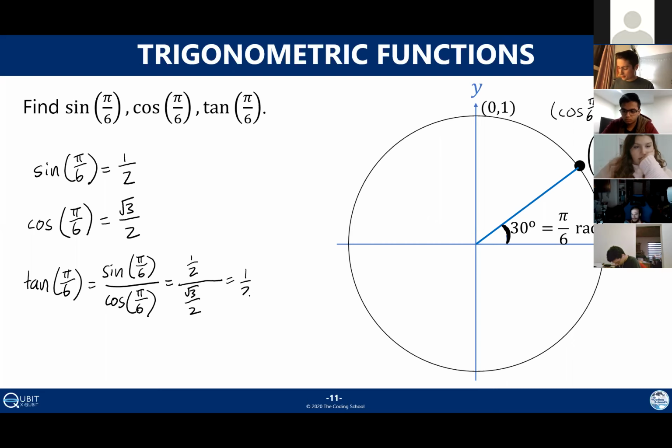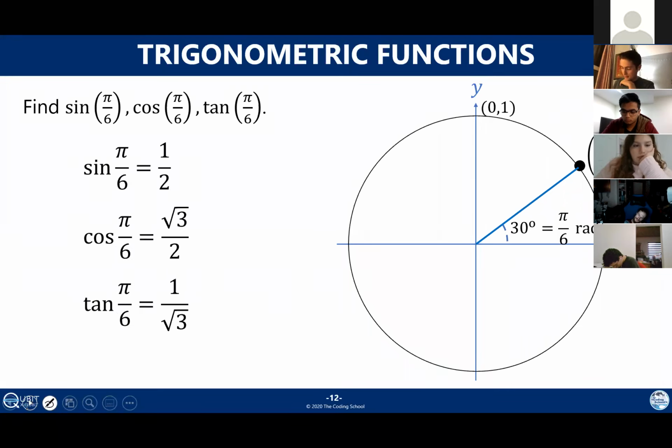Flip these around, so it's 1/2 multiplied by the reciprocal of the denominator, and we get 1/√3 as our value for tan. So we'll go on to the next slide just to double check our answers. And indeed, we have sine is 1/2, cos is √3/2, and tan is 1/√3.